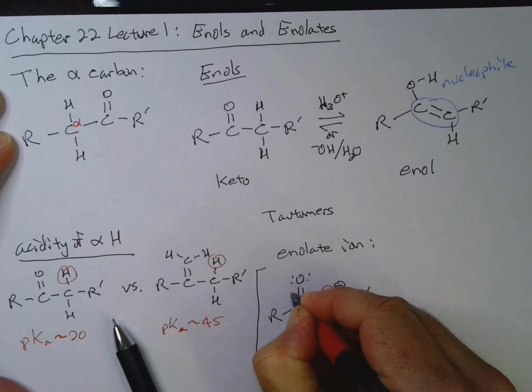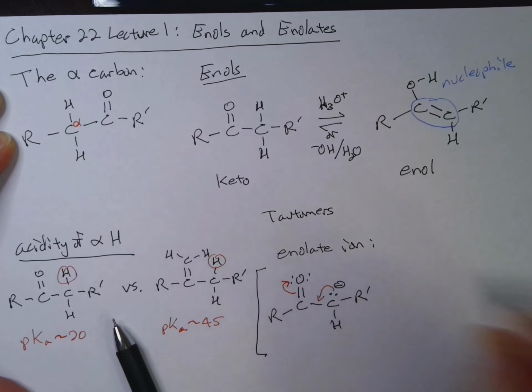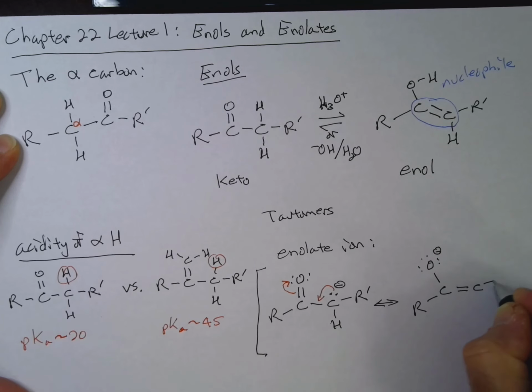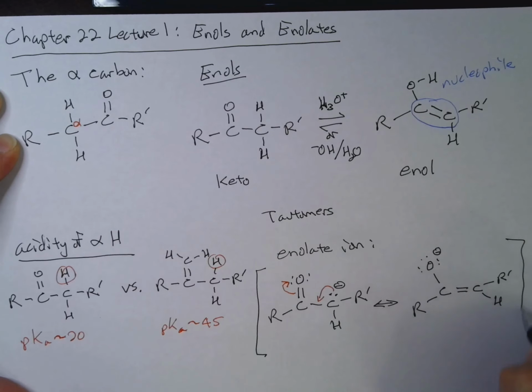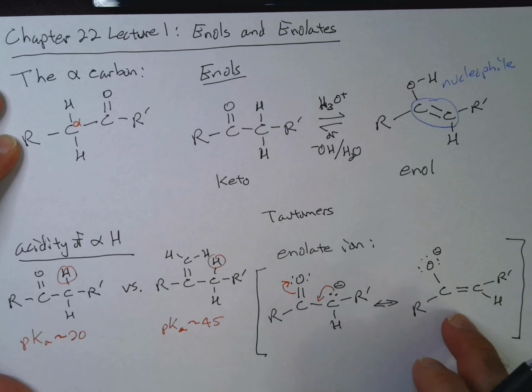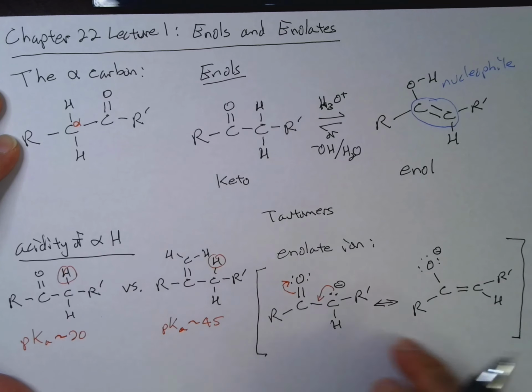I'll put in some arrows here to indicate electrons moving around. And that will give us now R-C-O minus on C, R', H. Again, we've got a keto form and an enol form, but this is the enolate. This ion is the enolate ion.